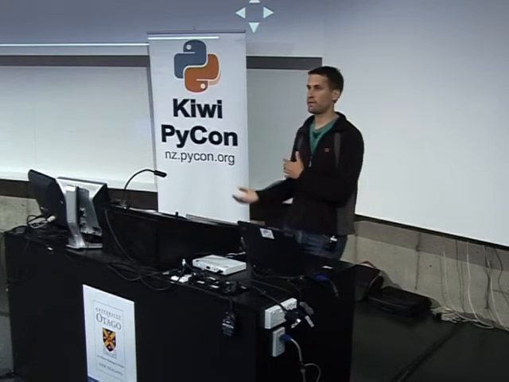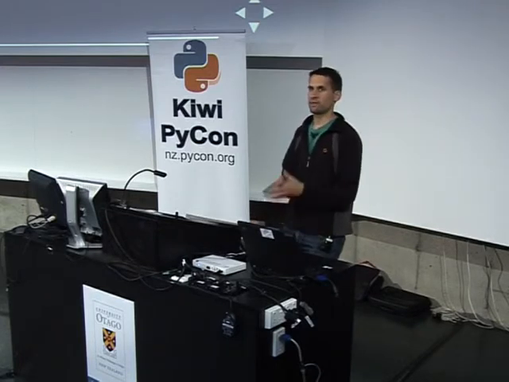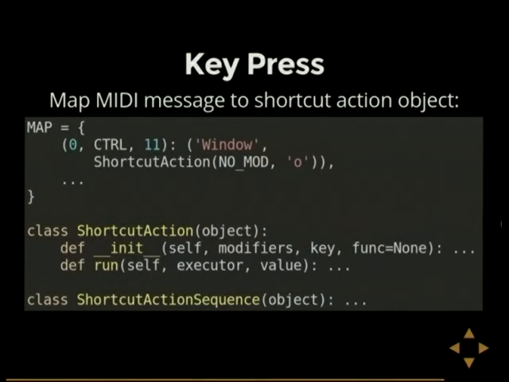I want to set it in fine increments from -1 to 1, or from -3 to +3. So I have to translate those incoming values into different values. You can do that with a little lambda function or some small function you stick in there. There's also a shortcut action sequence, which is just daisy chaining multiple shortcut actions together. And then you can run it.